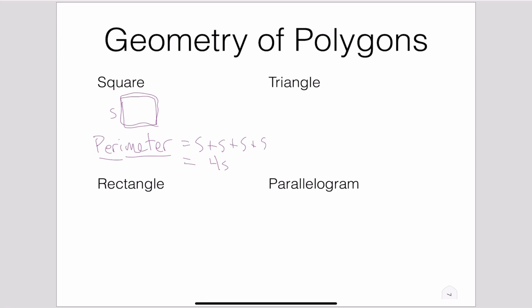Now compare that to a rectangle. Rectangle means right angle. So all it means is that there's a right angle here, and we know that there's 2 sides that are shorter, that are the same. So we'll call these maybe the width. And then there's two longer sides.